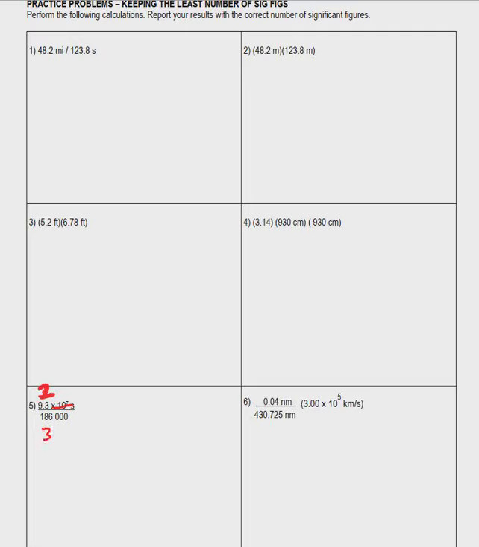So literally it's 9.3 divided by 186,000 equals 0.00005 times 10 to the 7th.